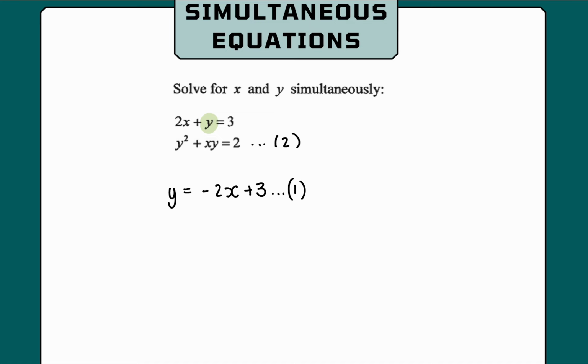Now your next step is to sub that equation 1 into equation 2. The reason why we do this is to try and get rid of that second variable so that we only have one variable to solve for at a time. But please be very careful. You always sub it into the other formula. You can't sub it into your own formula.